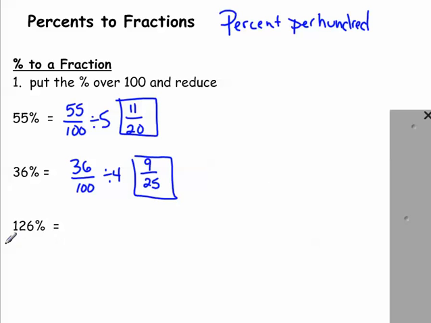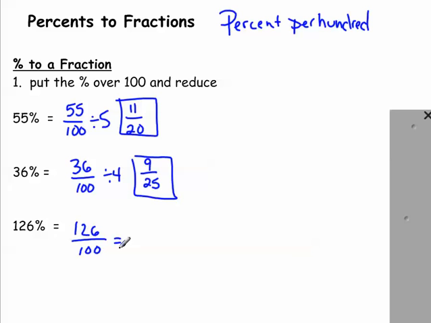All right, this one's a little different. 126%. It's still out of 100, which is per 100. So you still put it over 100, even though this is a 3-digit number. So obviously, 126 over 100 is more than 100%. So I'm going to have a whole number here. So the first thing I want to do is turn this into a mixed number.